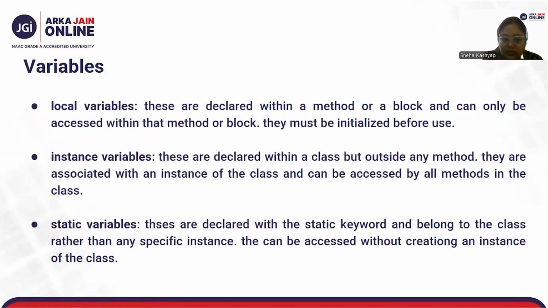They are associated with an instance of the class and can be accessed by all the methods in the class. Static variables are declared with the static keyword and belong to the class rather than any specific instance, and can be accessed without creating an instance of the class.